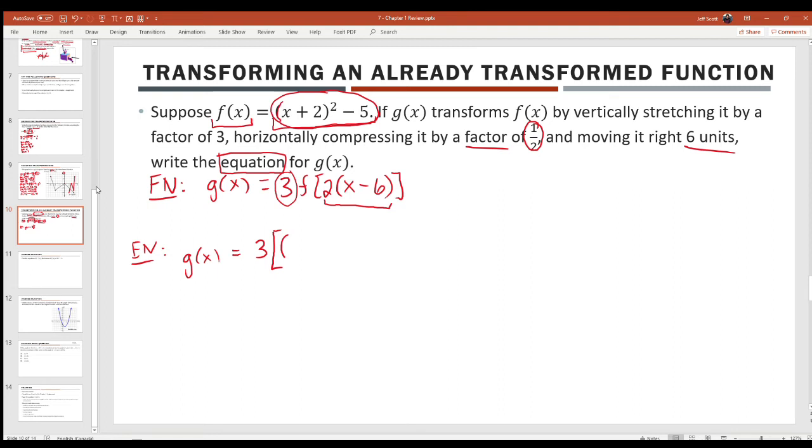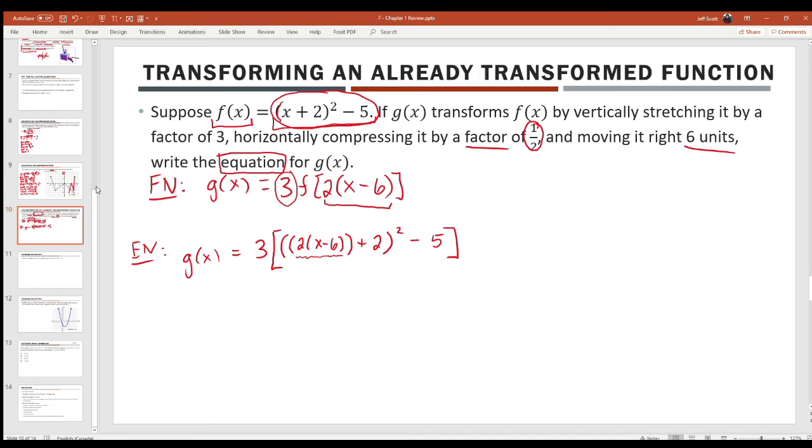So inside that, I will put another bracket and say 2 times x minus 6 and close that off. This piece right here is like your old x. Okay, that's like your old x. Next up, we have plus 2, end that bracket off, square it, and then minus 5, and then end square brackets.